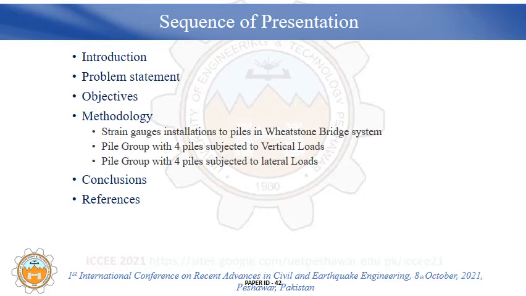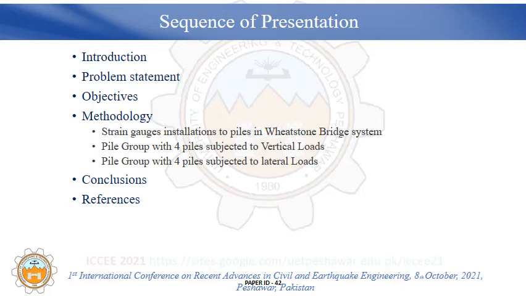In the methodology portion, I will explain the progress of my work, which consists of three parts. First part, installation of strain gauges to piles and rafts in Wheatstone Bridge. Wheatstone Bridge is a special configuration of strain gauges which is used for special purposes.